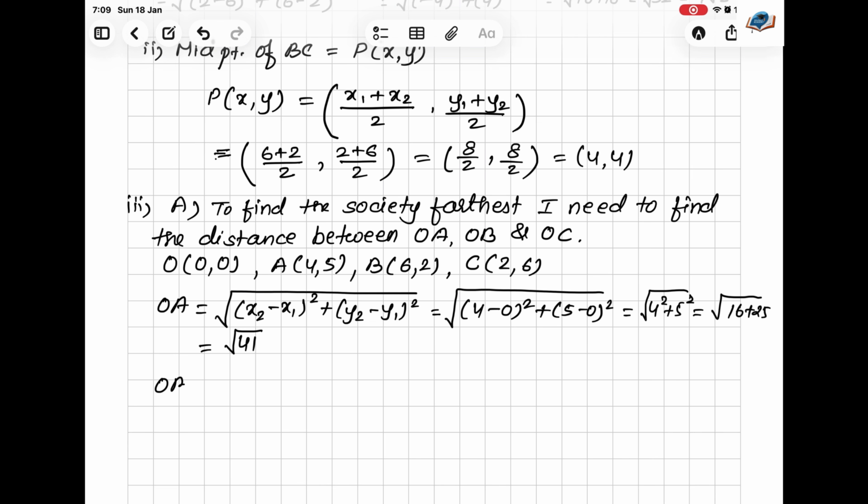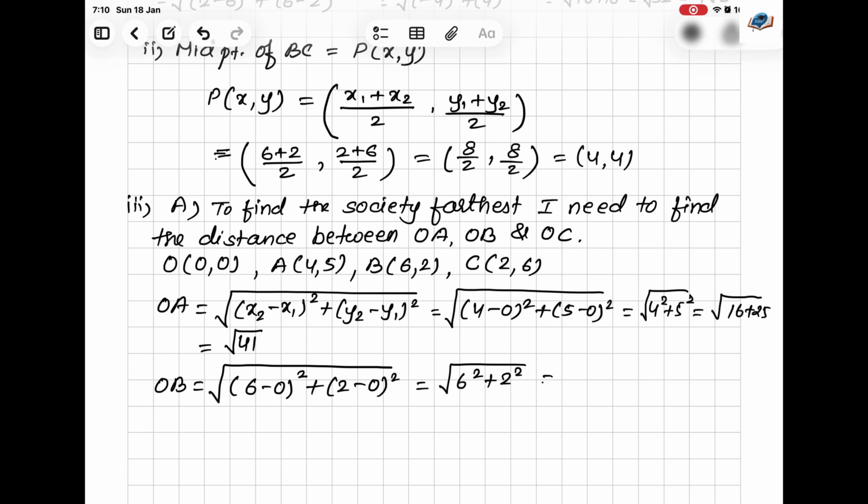So first distance I got. Same way if I find OB, now I am not writing the formula again. Directly I am putting the value (6 minus 0) whole square plus (2 minus 0) whole square. So that will be 6 square plus 2 square. So 36 plus 4. So root 40. So again root 40 means 4 into 10. So 2 root 10 I will get.